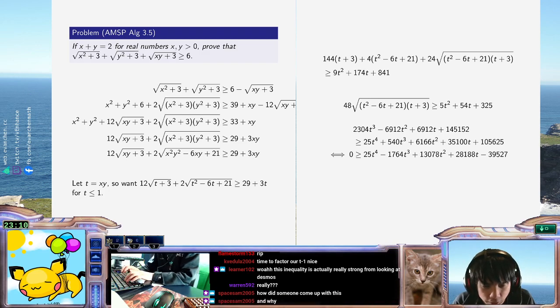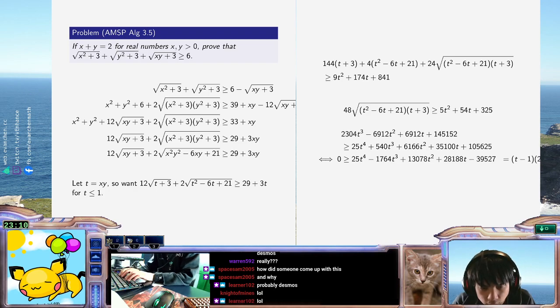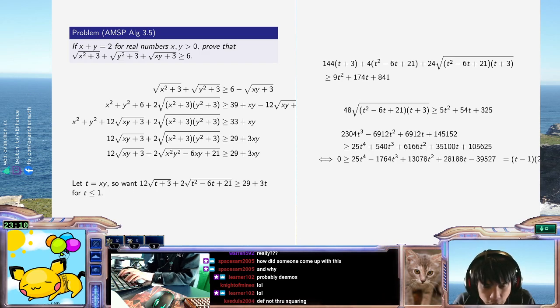So what am I? How does this algorithm go? I just keep subtracting. 26849. No, sorry, 16849. No, that's definitely wrong. 11649t. That's not good.